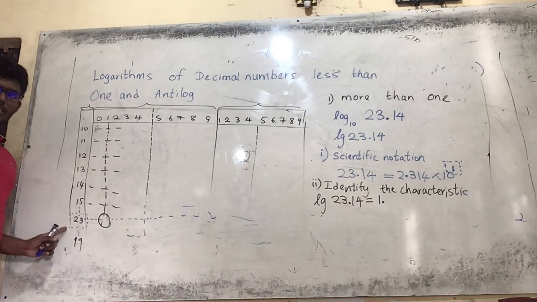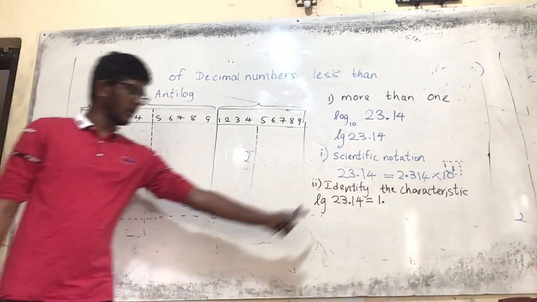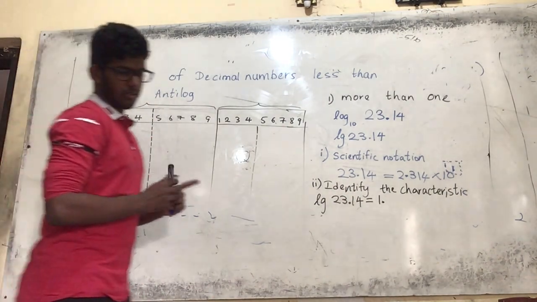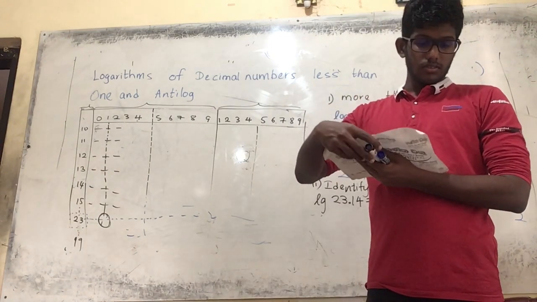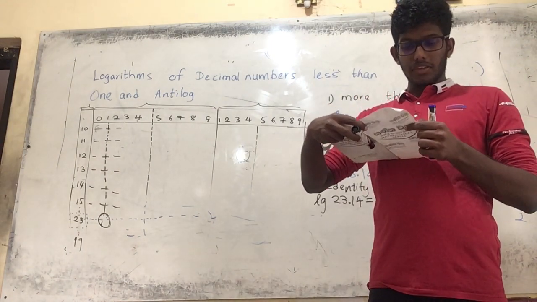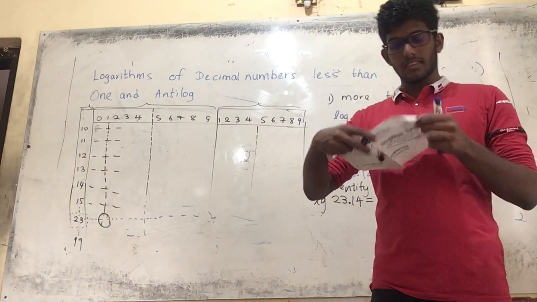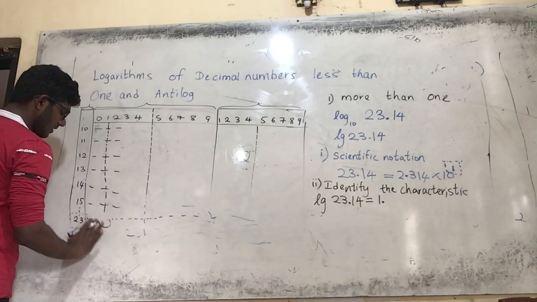Okay? 23, first column, because it is 1. First column. So once you find the value, what is the value? The 23 first column value is 3636. So you are going to find 3636 here.